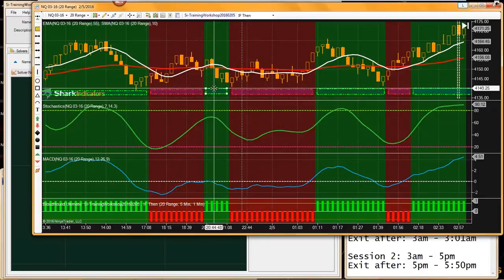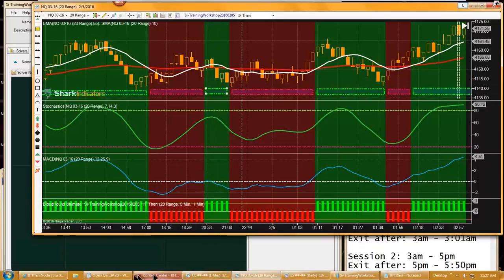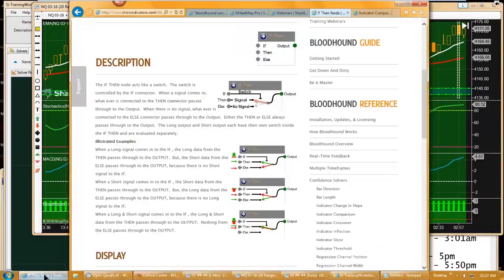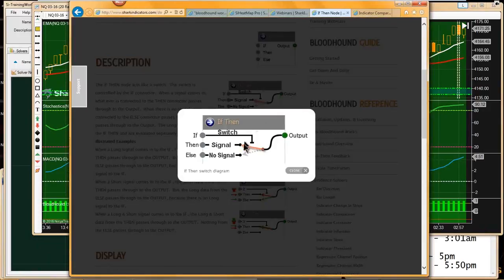So these long and short signals are what's controlling the if-then switches. These long and short signals are controlling this switch that's inside the node.